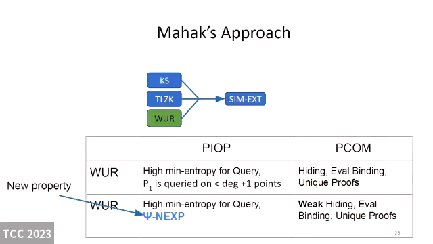Similarly, we have a second theorem which works for weakly hiding commitment schemes and then requires some additional properties from the polynomial IOP. And that's the end of my part.